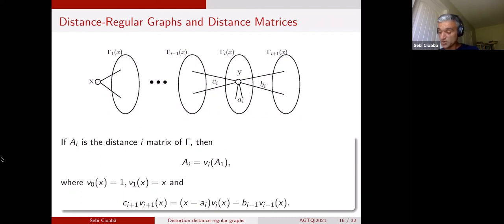You have that V_0 is 1, V_1 of x is x, and then you have this recurrence relation, which looks very similar to what I wrote earlier. Basically, each of these V_i is a polynomial of degree i. So you have this distance regular graph, you have these parameters, then you have distance matrices associated with it, and you have these polynomials representing these distance matrices.